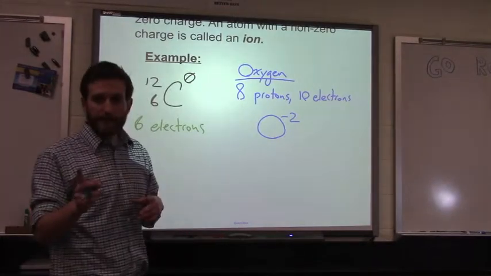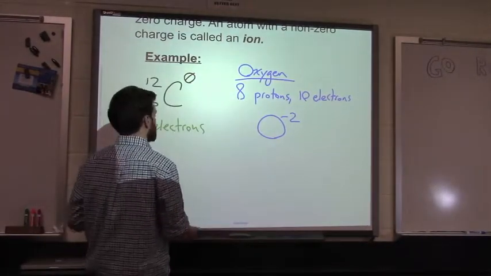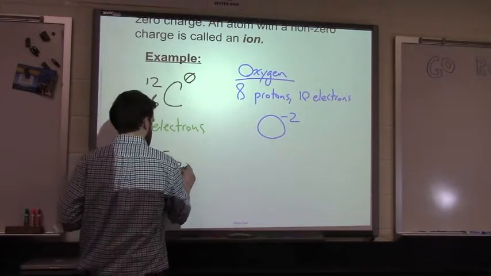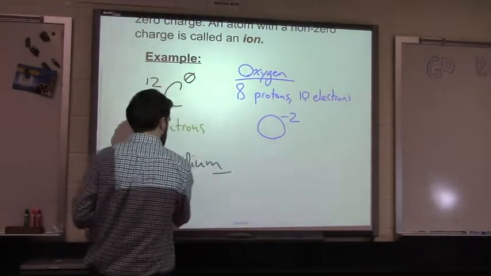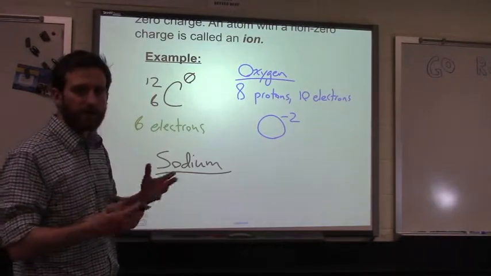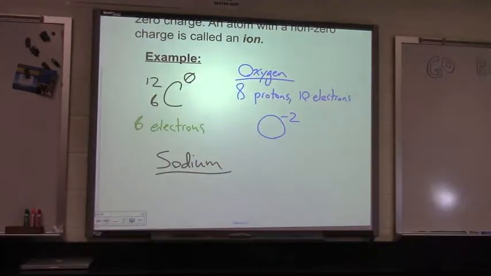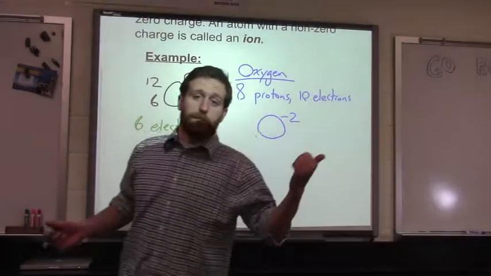Let's see one more example real quick. Now look at sodium. Again, I've got to figure out how many protons sodium has, regardless of who it's been reacting with. I looked at the periodic table.